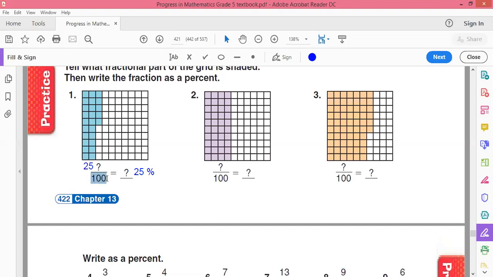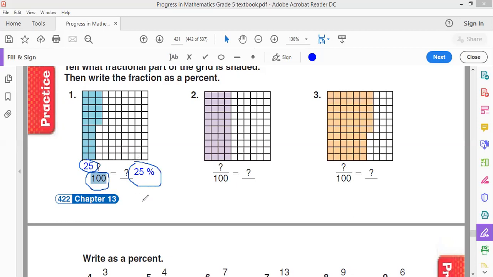Remember, the denominator should be 100 in percentage. Now what is the numerator? 25. So it's 25 out of 100, and you can say that this is 25%.